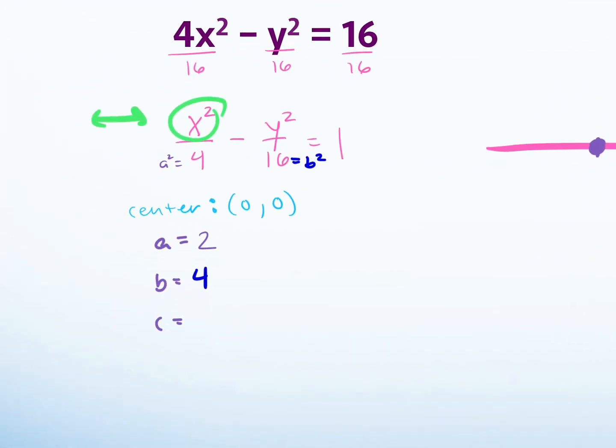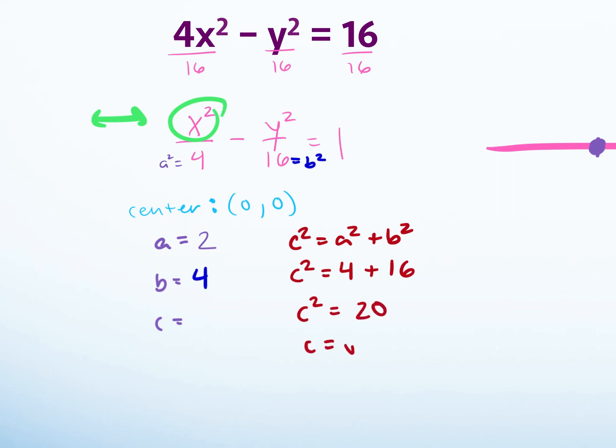And then how can I find c? c squared is equal to a squared plus b squared. So c squared is equal to 4 plus 16. c squared would be 20. So c is square root 20.